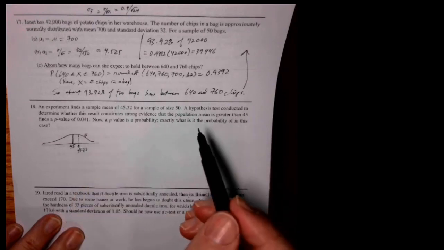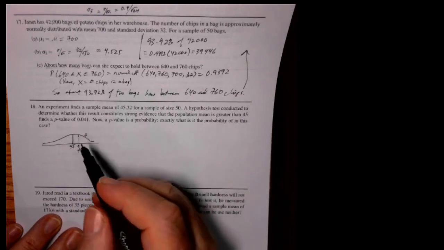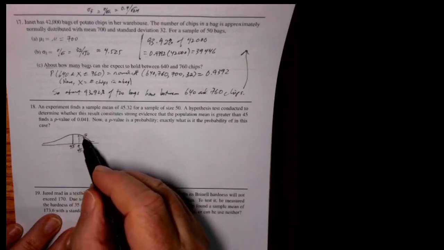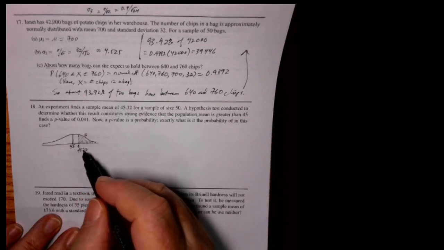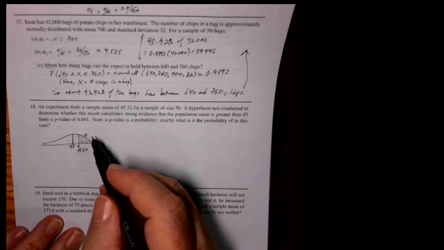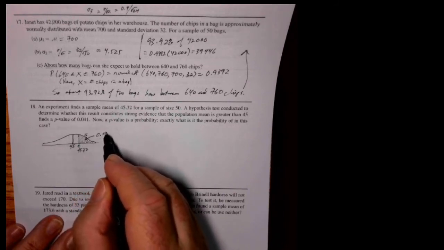All right, what is found is a p-value of 0.041. Remember that means that the area to the right of 45.32, this particular value of x-bar from this sample, that area right there is 0.041.